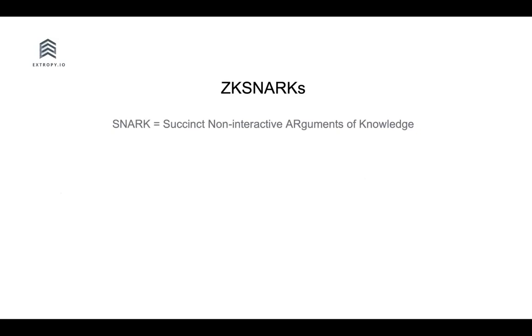Okay, so I've used this term SNARK. What does it mean? It's just an abbreviation for a succinct, non-interactive argument of knowledge. To explain the non-interactive part first, when we were talking about the example earlier with the billiard balls, that was an interactive proof.